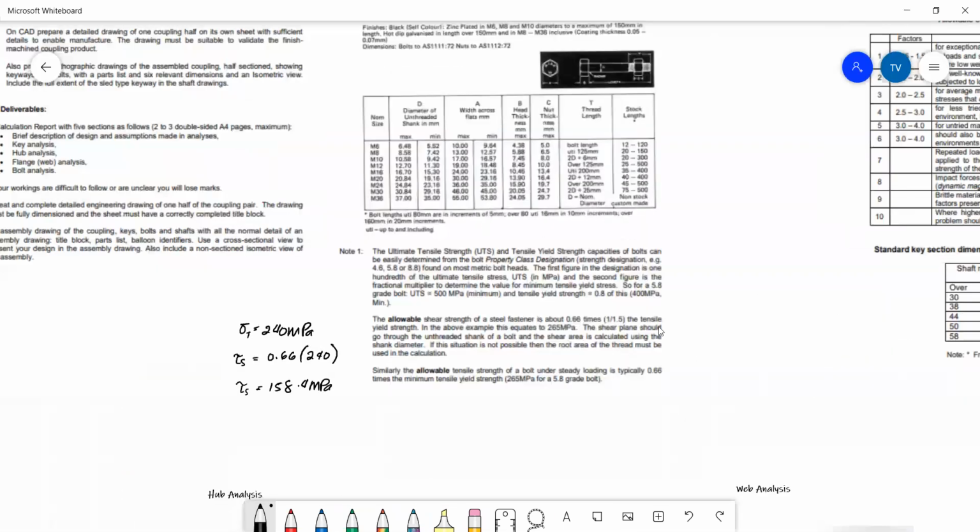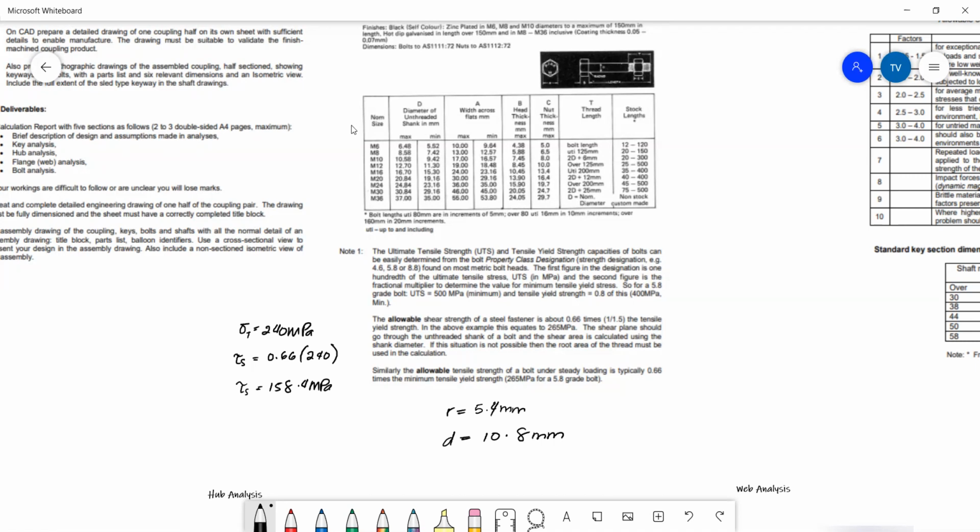Let's say after doing that calculation, we find that the radius comes to, say, 5.4 mm. Let's just say that as an example. So the diameter would be 10.8 millimeters.